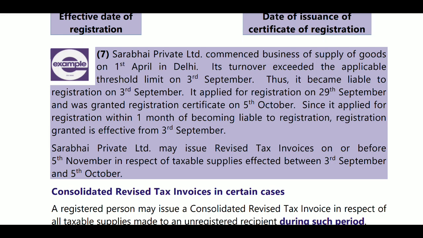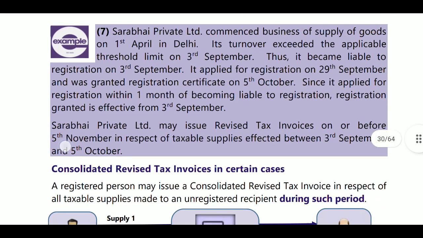Even though the certificate was issued on 5th October, the registration will be treated as effective from 3rd September, because from the liability of registration they applied within the time limit. If they had not applied within the time limit, then the effective registration would be taken as the date of the certificate of registration. That is related to this information.